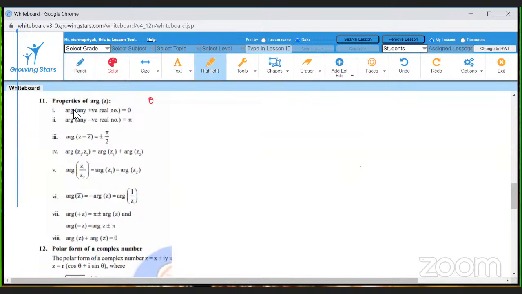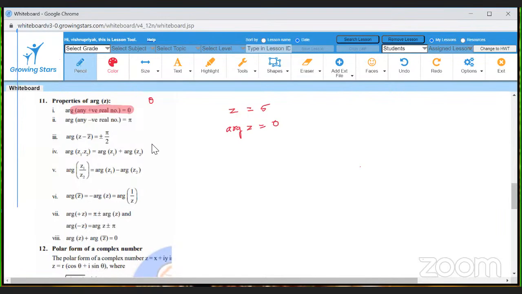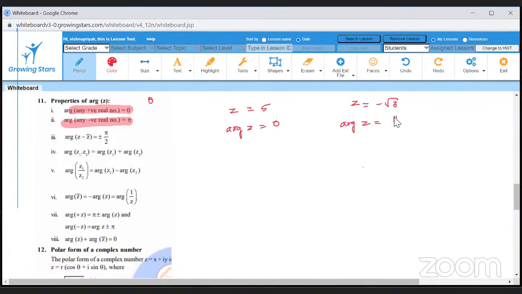Argument of any positive real number will be 0. That means if I give you Z as 5, and I ask you what is the angle of this Z, it will be 0. But argument of any negative real number will be pi. If I give you negative square root of 3, and I ask you what is the angle of this complex number, it will be pi.